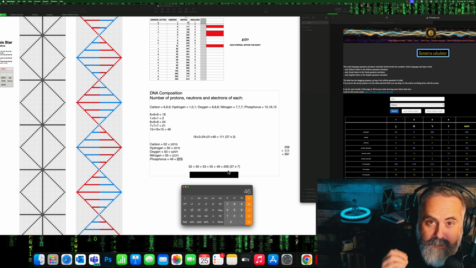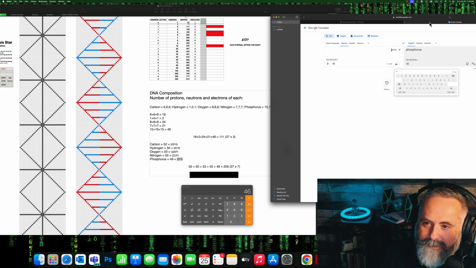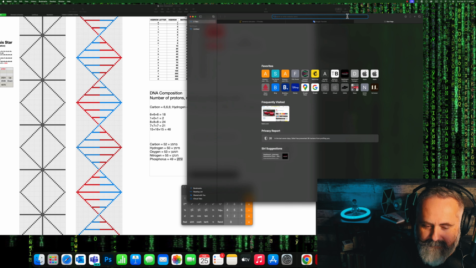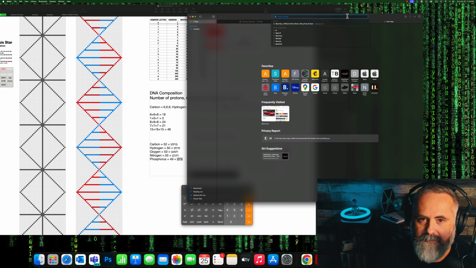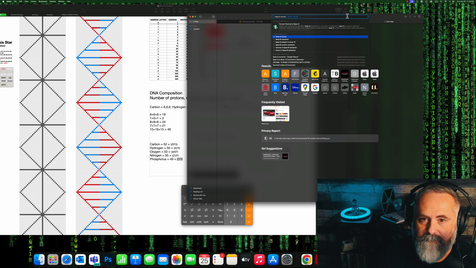Now, this is where the base 6 connection comes in. My body got chills when I did this. So let's look. Base 6 converter.